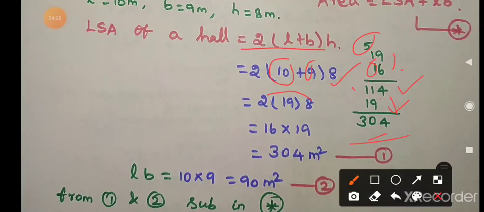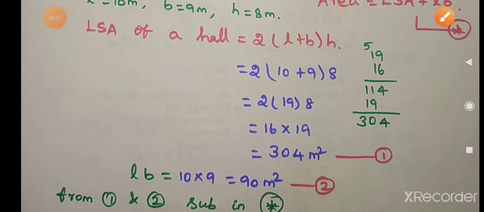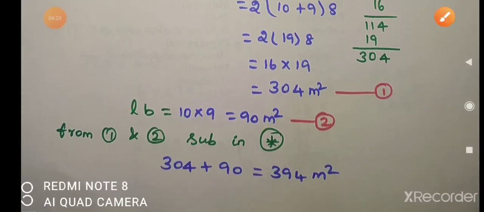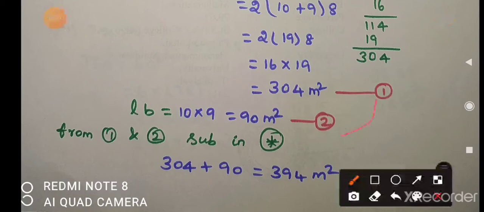Then ceiling. Ceiling is L into B. Length is 10, breadth is 9. So 10 into 9, 90 meter square. From 1 and 2, the area is equal to 304 plus 90.